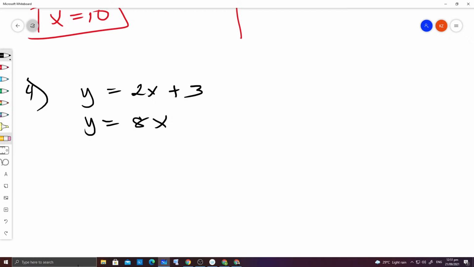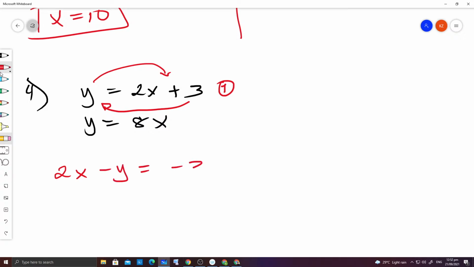Since you can see that they are both y, we can rearrange equation 1. I can arrange it by moving the y here and the 3 to the other side. So it will become 2x minus y equals negative 3.